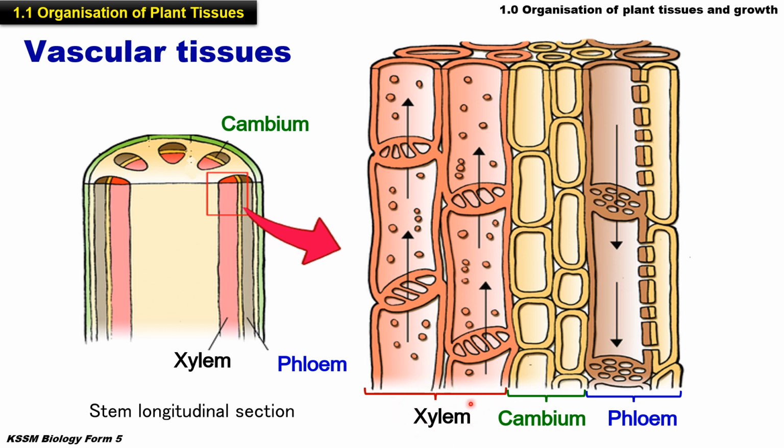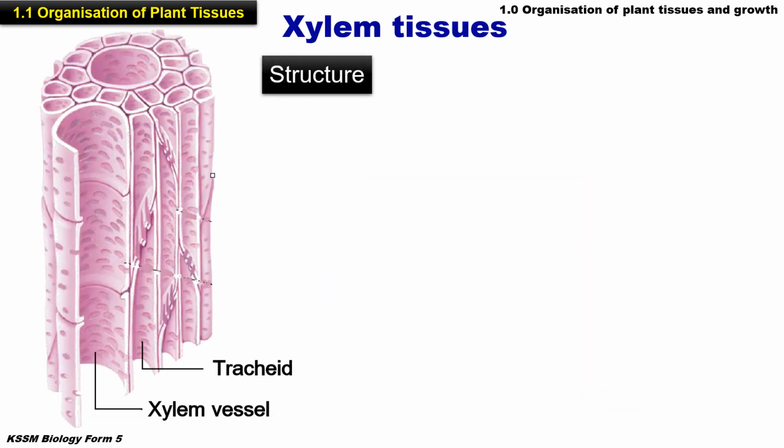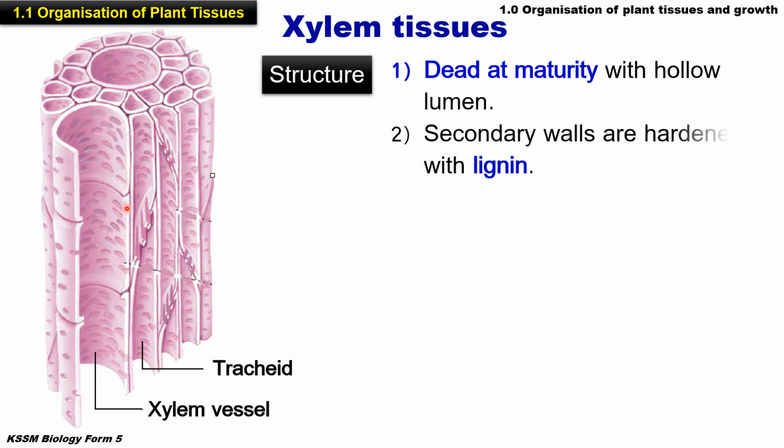We are focused on xylem. Sikit lagi. So this is a xylem tissue. Okay, xylem tissue is made up from the dead at maturity with the hollow lumen. So the lumen must be hollow. Okay, and the secondary wall are hardened with lignin.